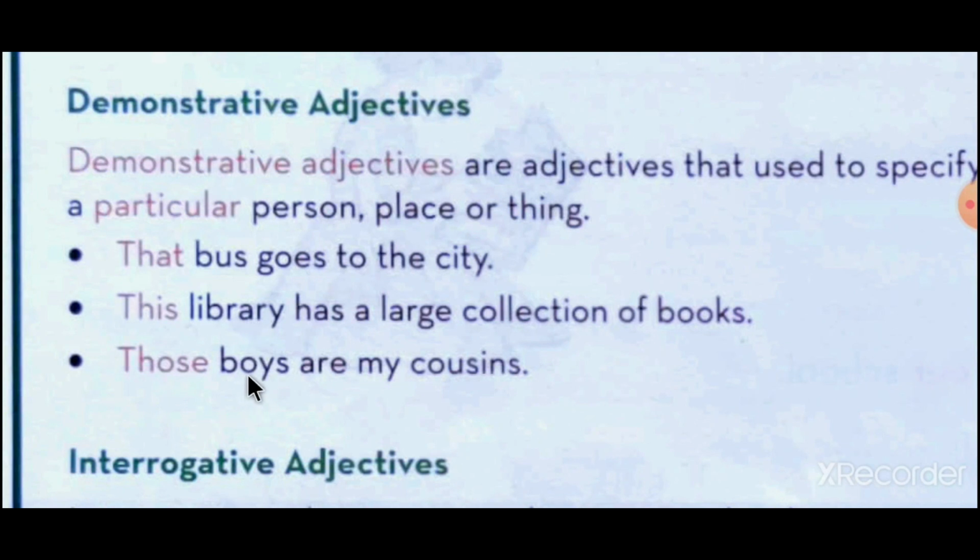And the boys, we are talking about those boys, especially the boys, those boys are my cousins. So students, this is our demonstrative adjectives. In the video we have seen this type of adjective in detail. Okay, so yes, it is called demonstrative adjectives.